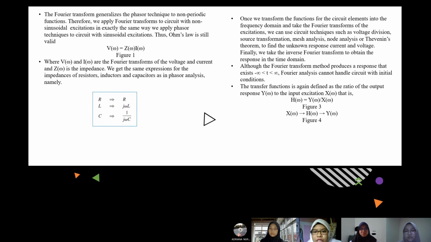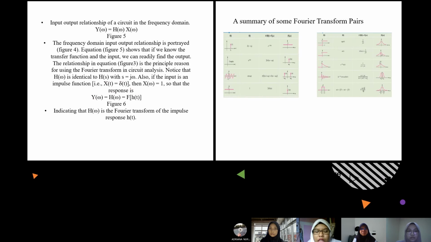The transfer function is again defined as the ratio of the output response Y(omega) to the input excitation X(omega). Next. The input-output relationship of a circuit in the frequency domain is Y(omega) equals H(omega)X(omega). The frequency domain input-output relationship is portrayed in the equation in figure 4.